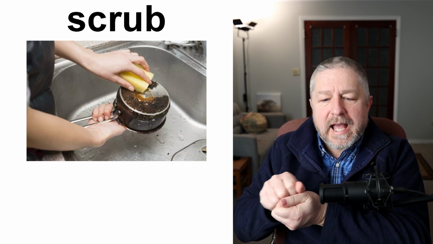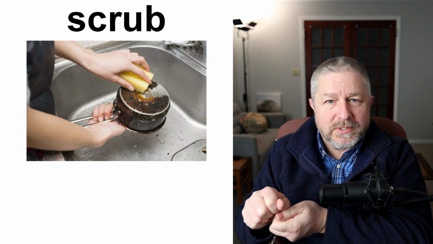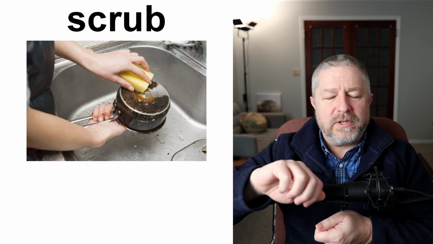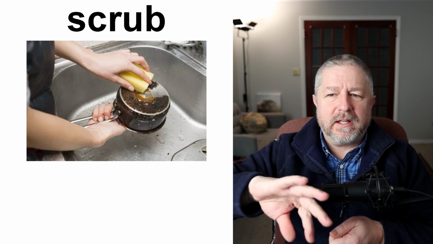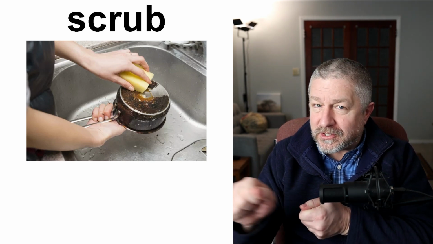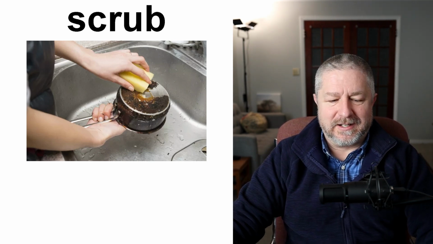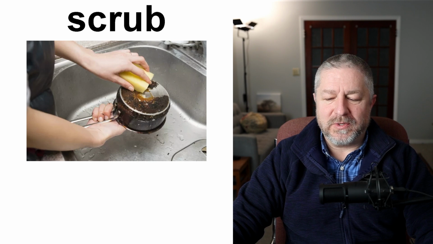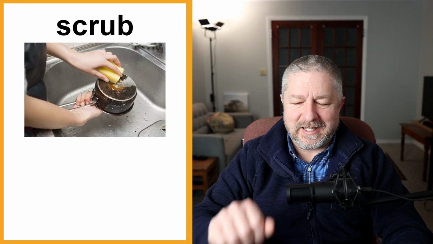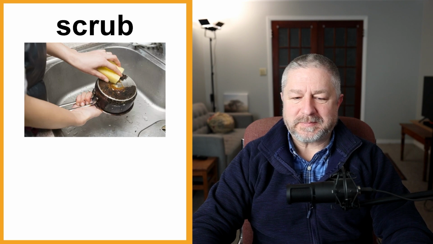Like you really have to push hard when you scrub something. When you have a brand new frying pan, when you clean it or wash it, everything, it just goes really easy. But when you have an old pan, sometimes you have to scrub it to get it clean. When you scrub something, you use a brush or a sponge to vigorously wash it.